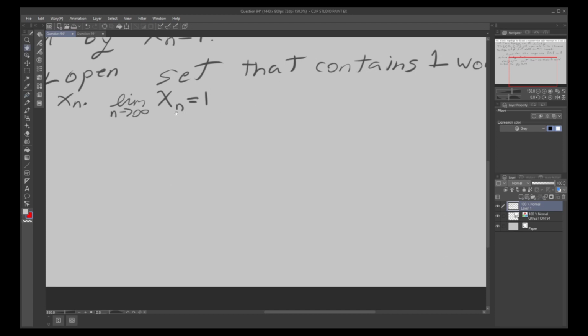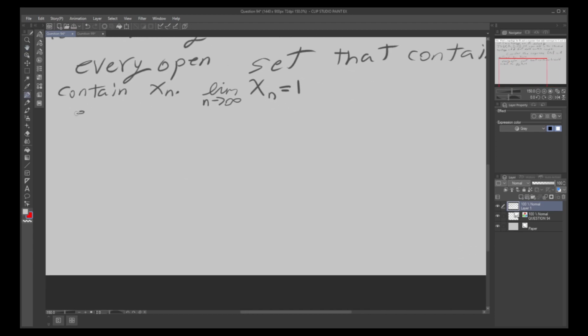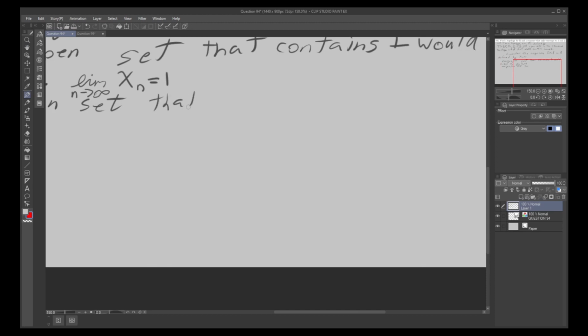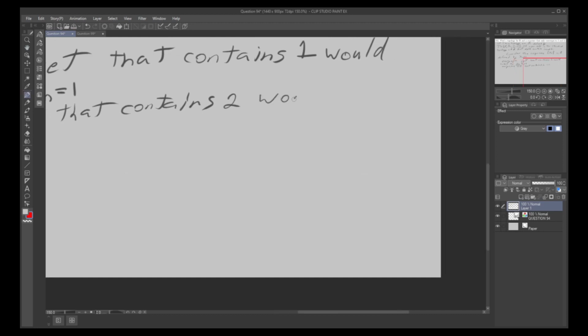So let's suppose that every open set that contains 2 would contain x of n.